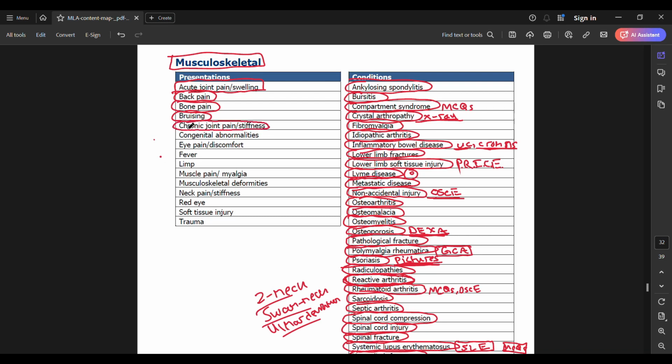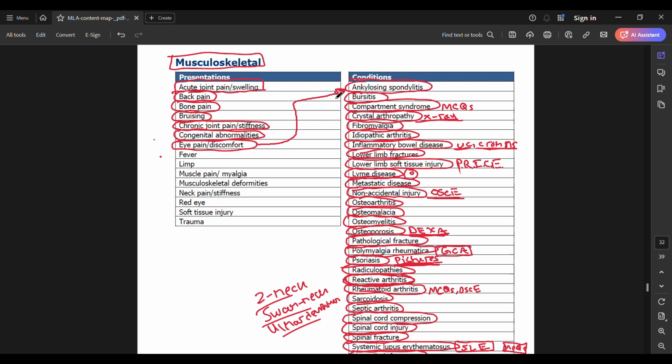Chronic joint pain and stiffness, again, arthritis, congenital abnormalities, right? Deformities of the bone, osteogenesis imperfecta is something they could actually give you in this case in multiple choice questions. Eye pain and discomfort, so the association with eye, right?